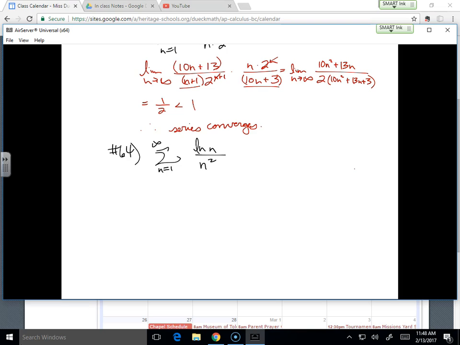Oh, and n over n squared would be bigger, but diverges, that doesn't help. Limit comparison, it'd be infinity, that's not good. 1 over n would give you ln of n over n, which is 0, that doesn't help. n to the 5/4, would that be this one?